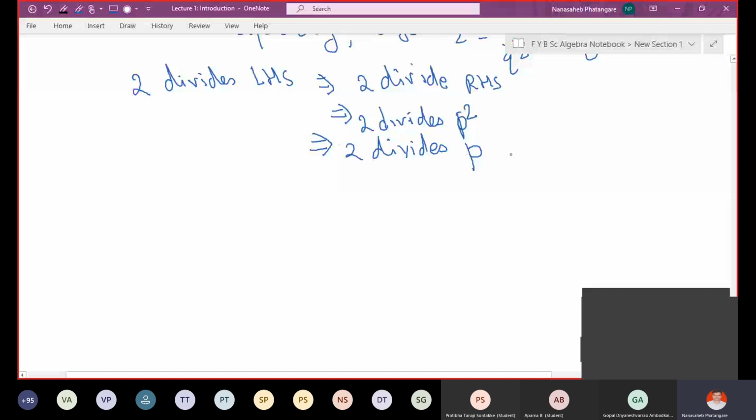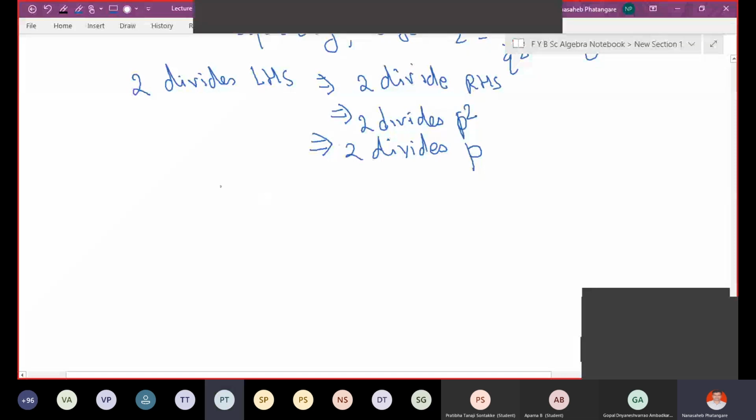If 2 divides p square, then 2 must divide p. You can check that for particular cases, but it is true, and we will prove it later on. Right now just assume that if 2 divides the square of some number, then 2 must divide that number p itself.